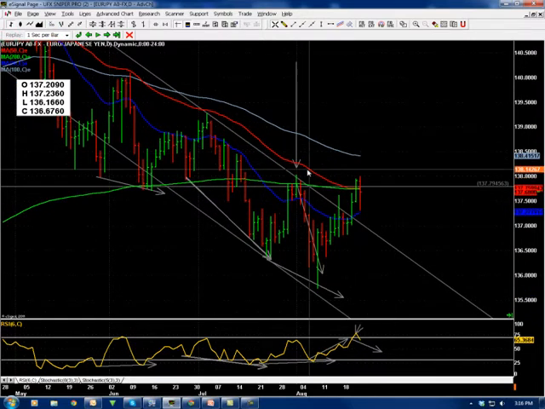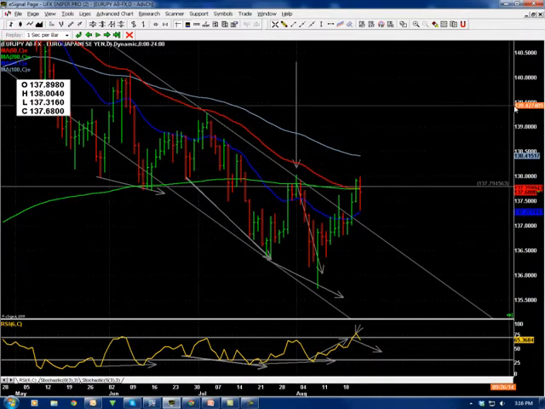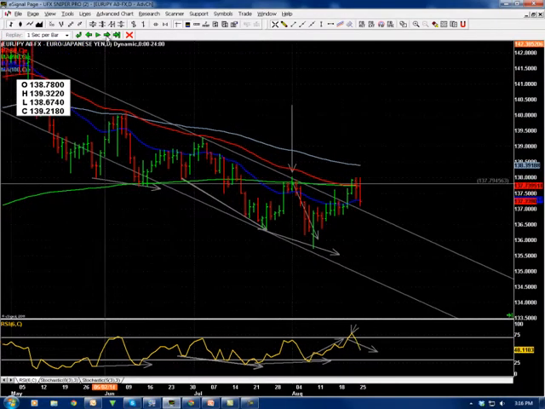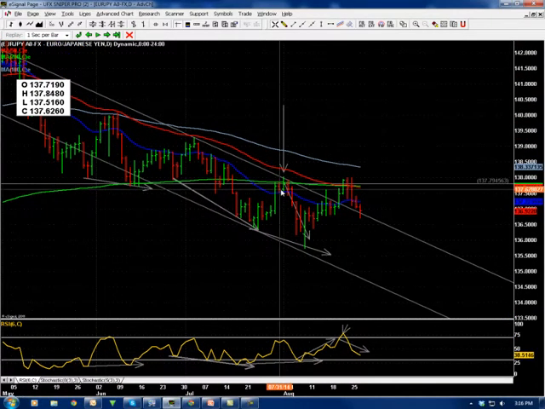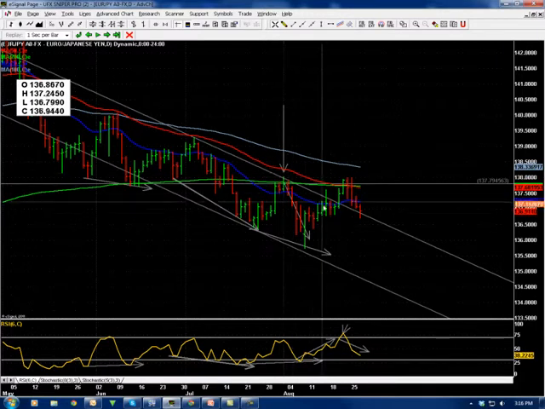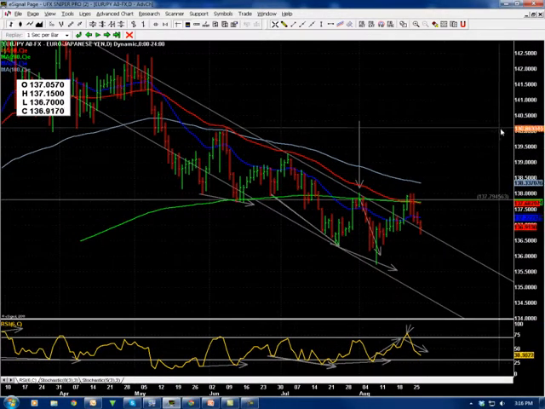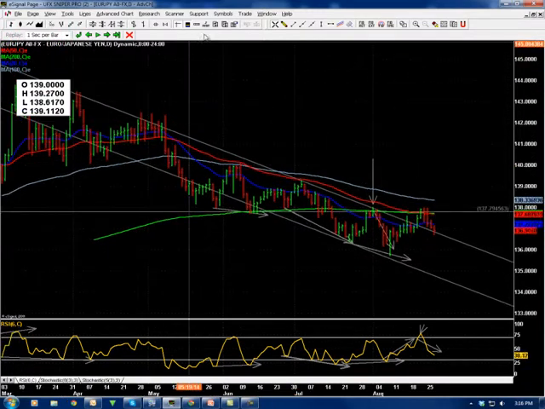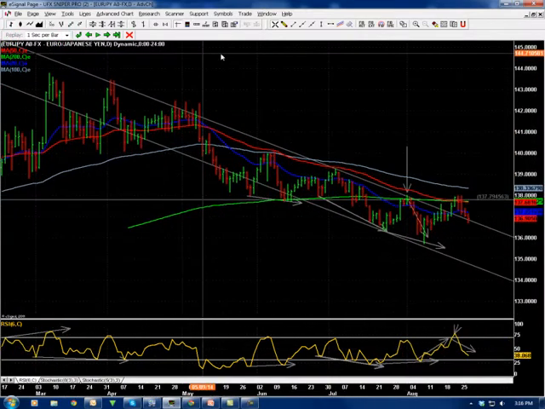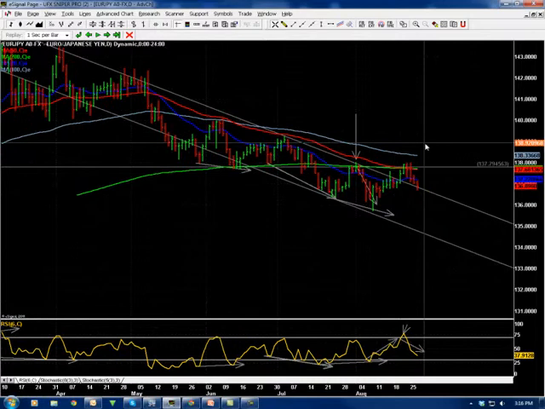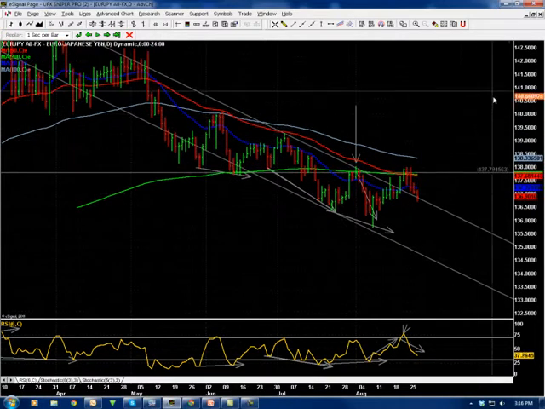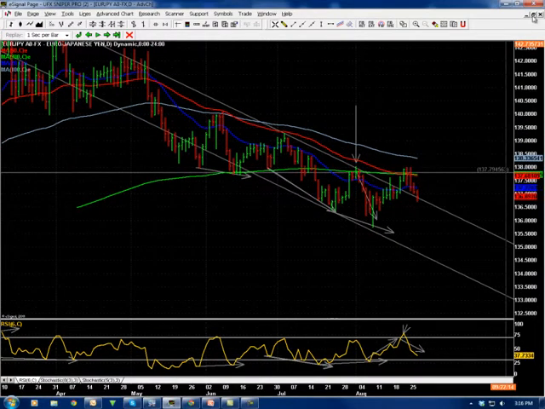And then from there it pushes down again. So the whole pattern is a bit messy now. It's not that clear. In fact, it broke through the trend that we have here as well, so it becomes a bit unclear now. You have to look for clarity when you're trading.